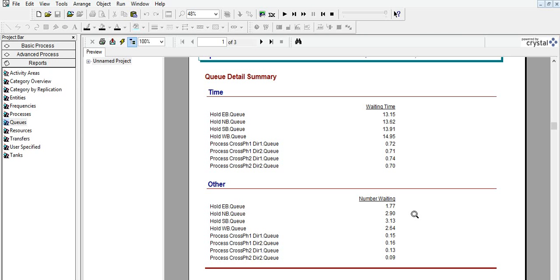I have validated these numbers with a standard HCM procedure for calculating the average delay, and I arrived at very comparable numbers within plus or minus 1 second. So the model is valid in this sense.